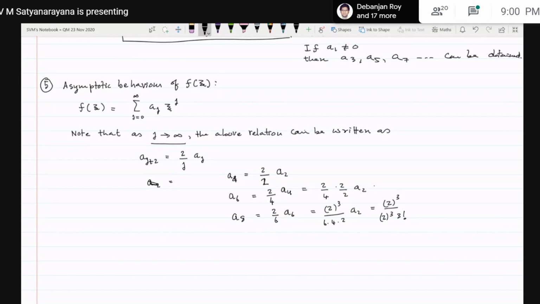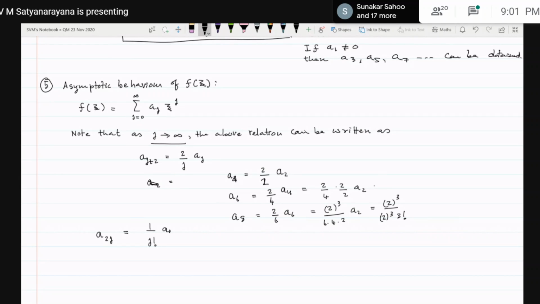If you have A to J, I can in general write A to J as 1 by J factorial into some constant, which I may call A naught or something.